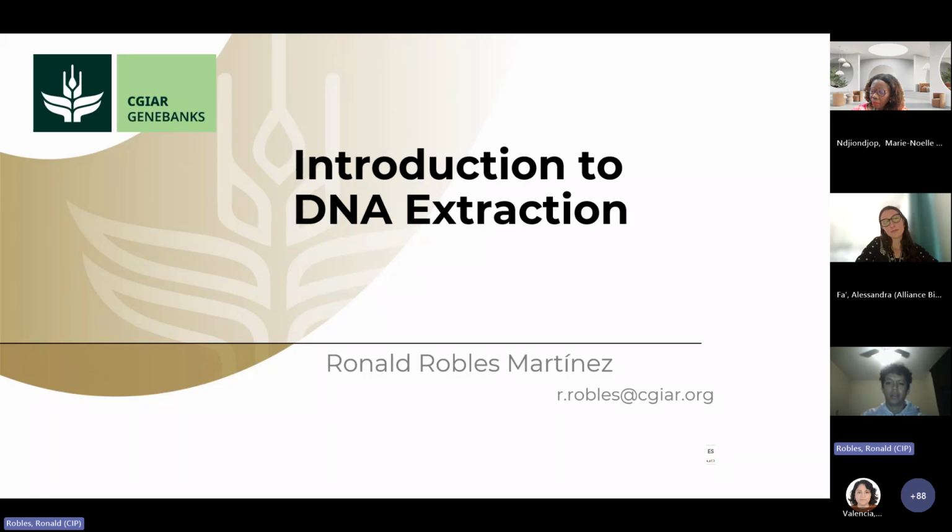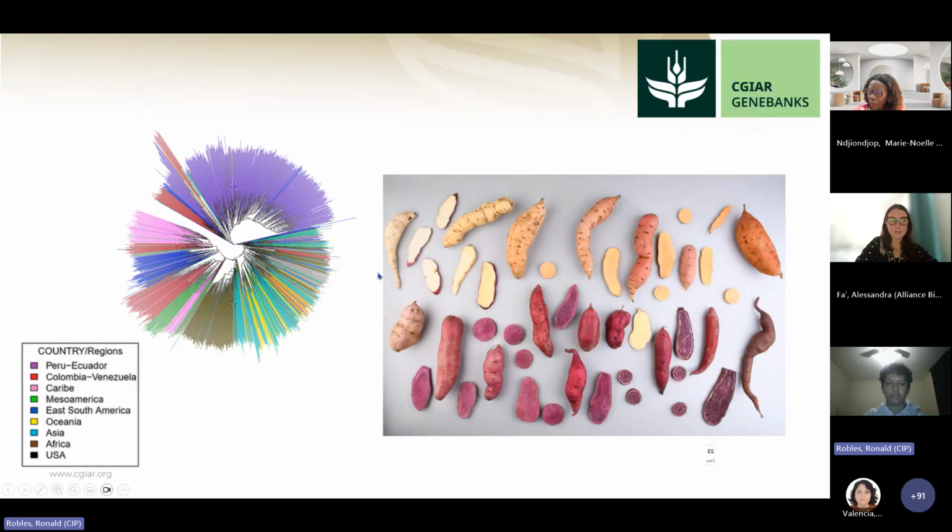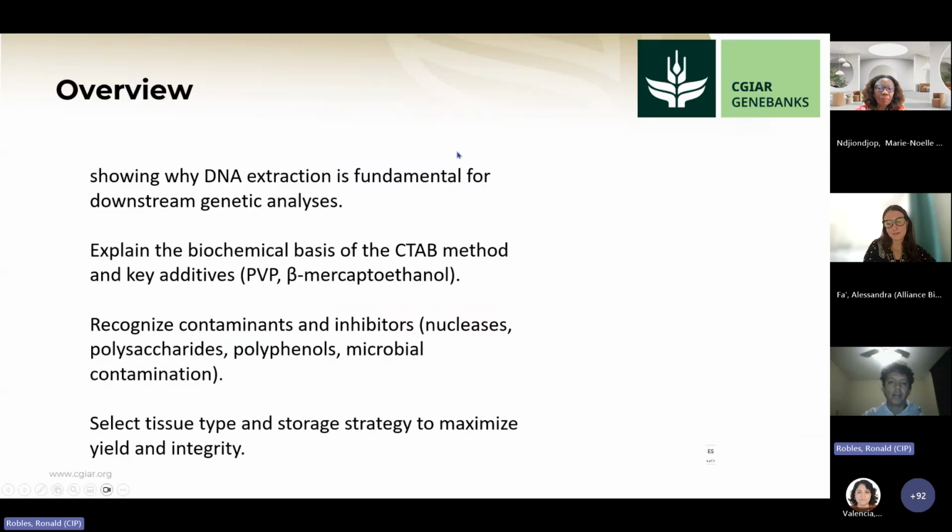Currently, I am making the molecular analysis for the collection of sweet potato, looking for duplicates and analyzing the diversity of the entire collection with molecular markers derived from sequencing. And now I'm going to talk with you about the introduction to DNA extraction, nucleic acid extractions.